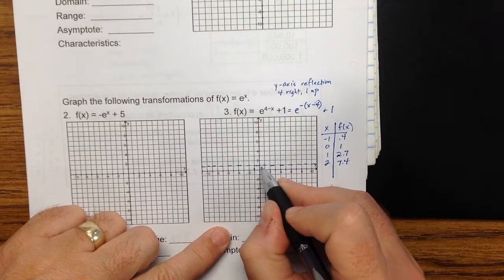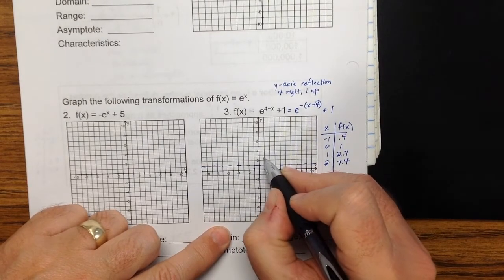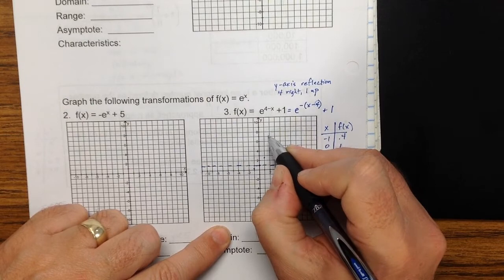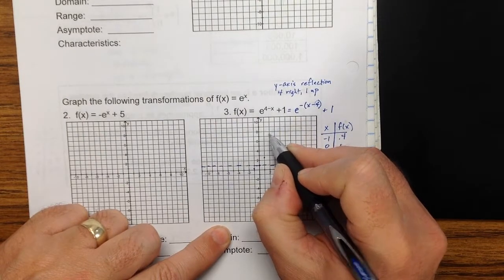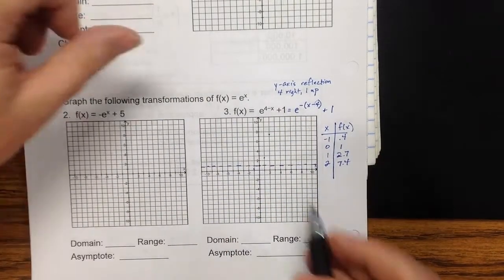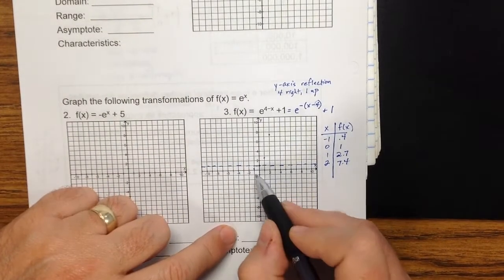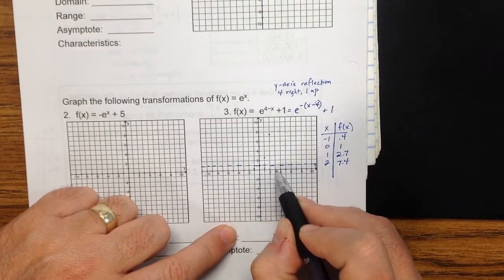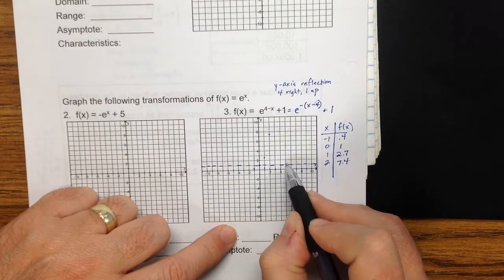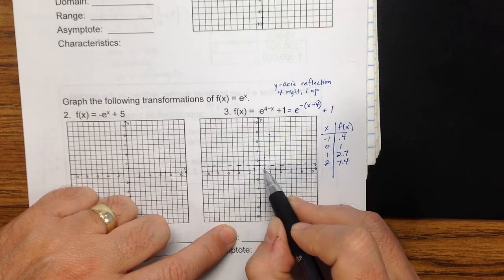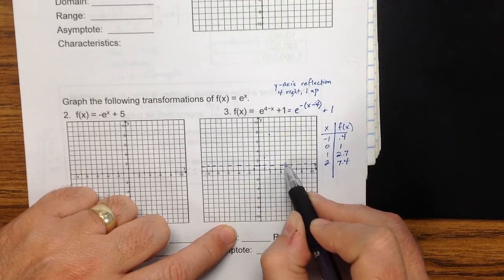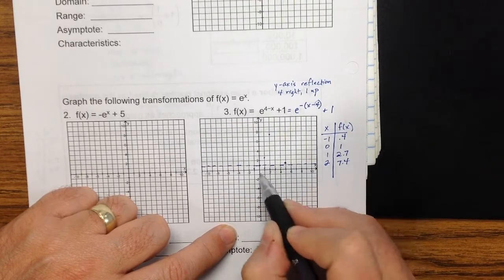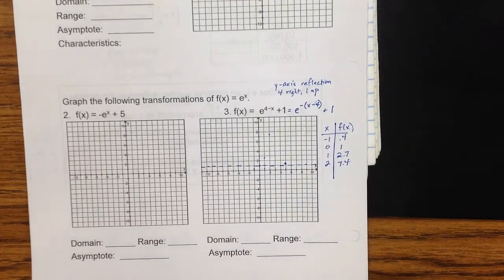Negative 1 is 0.4, 0, 1, 2.7, and 2, 7.4. So y-axis reflection, I'm going to go from negative 1, 0.4 to positive 1, 0.4. I'm going to go 4 to the right, 1, 2, 3, 4, and then I'm going to go 1 up. 1, 2, 3, 4, 1 up puts me at approximately 5, 1.4.